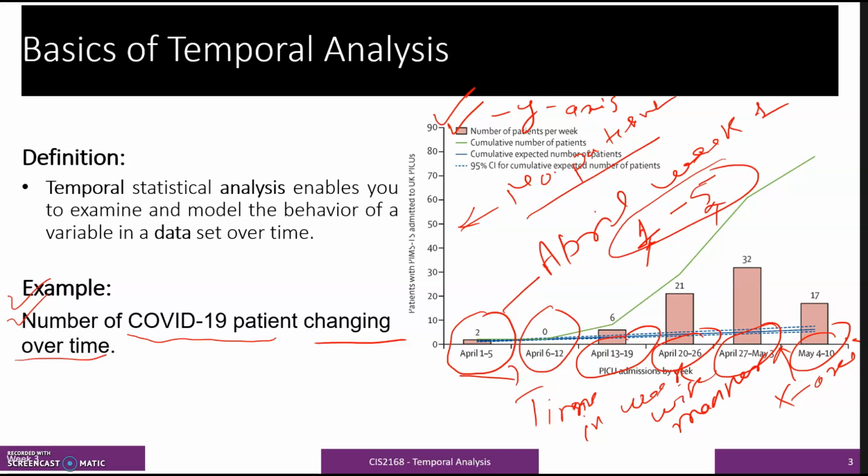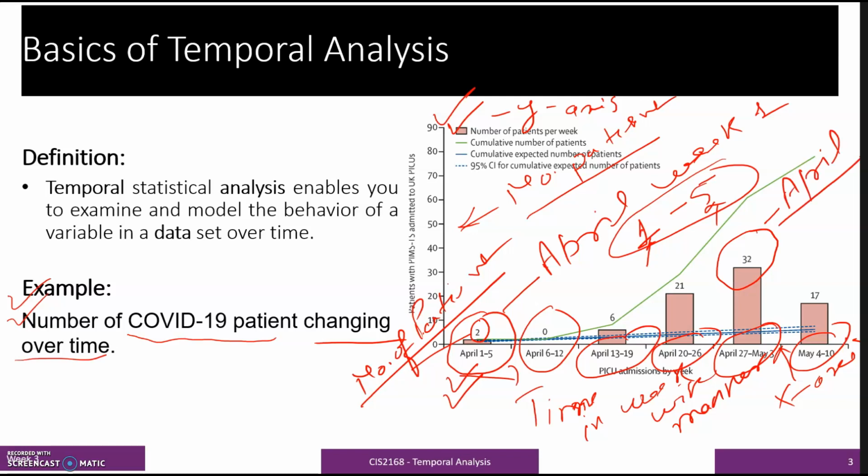Here we can see that in the first week of April, that is from April 1 to 5, the number of patients is 2. And the number of patients is 32 in the last week of April.